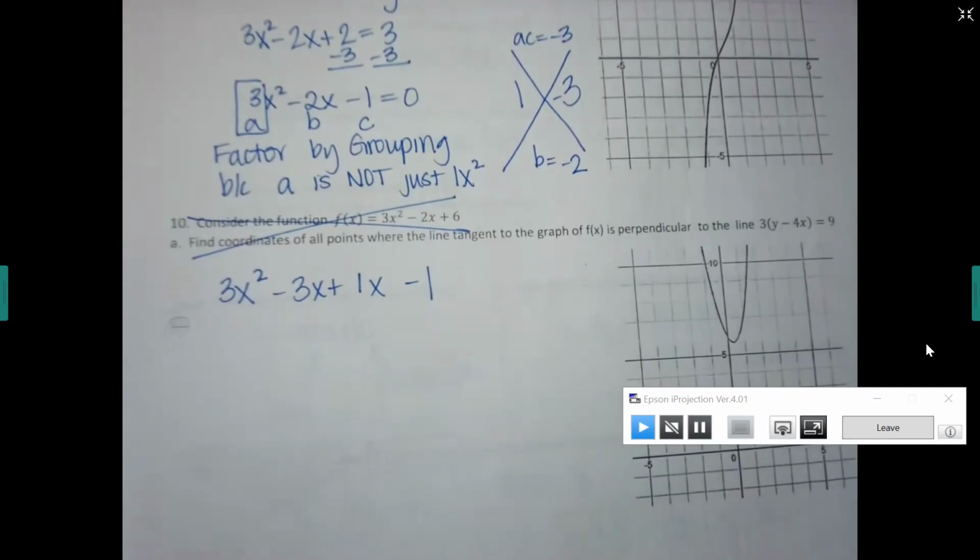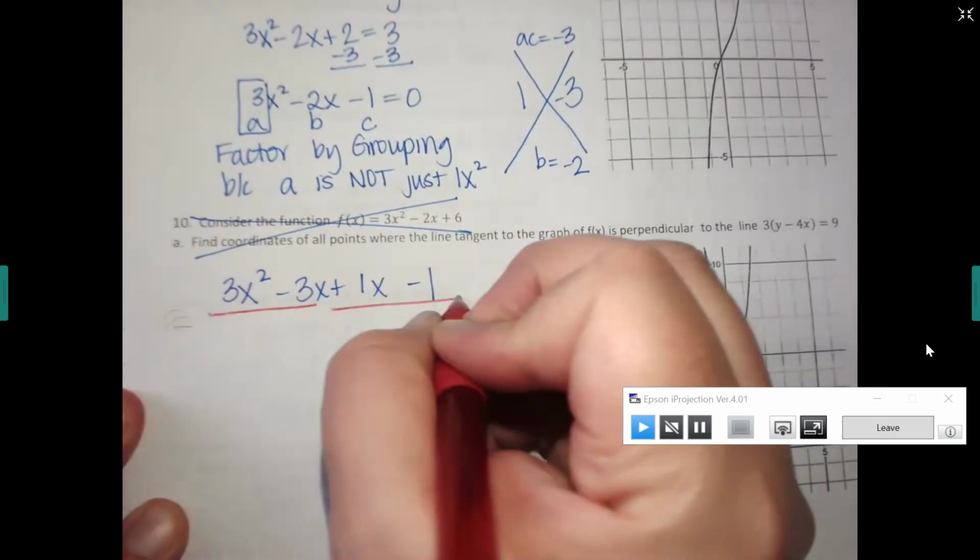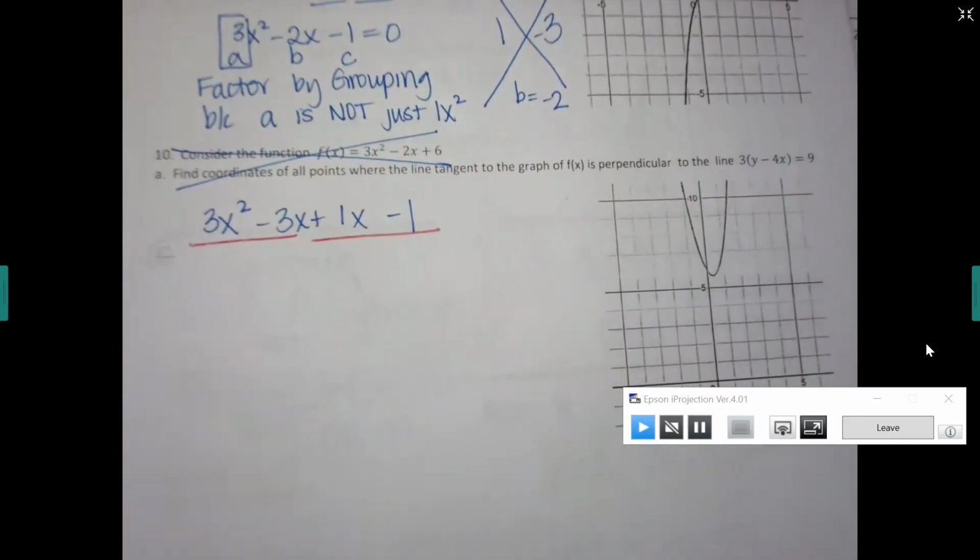But I want you to consider, do I still have the same number of x's altogether? The answer is yes. Here I have a -2x. Here I have a -3x and a 1x, but that still adds back to -2. Okay, then you're going to underline your groups and take out the GCFs. For the first group, what can I take out of both?